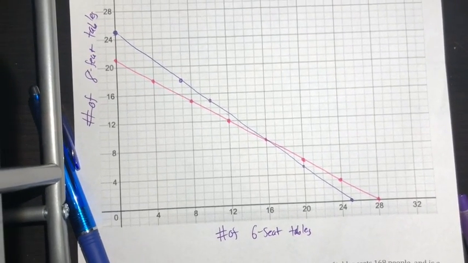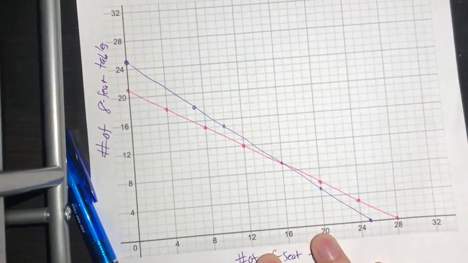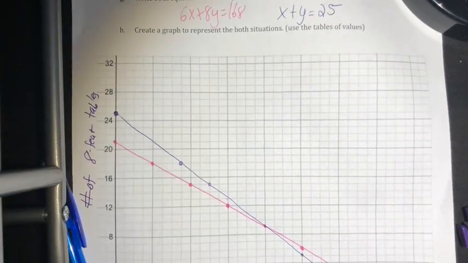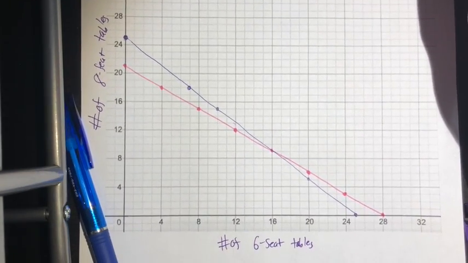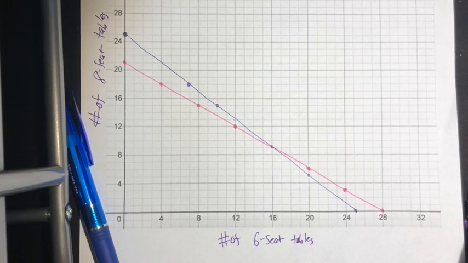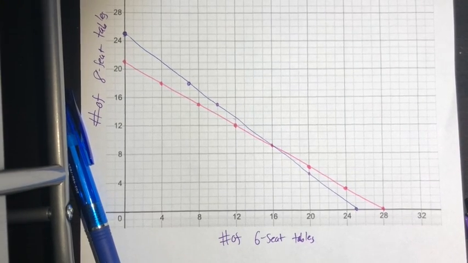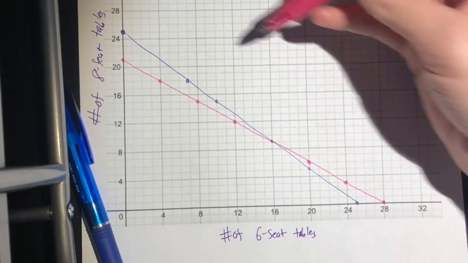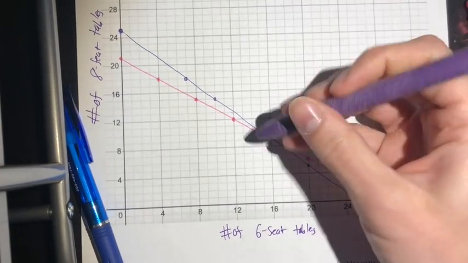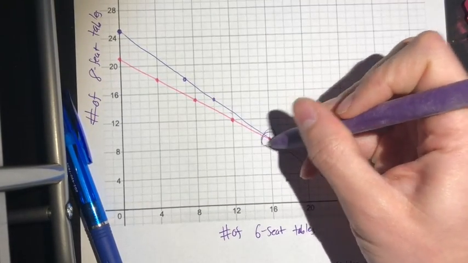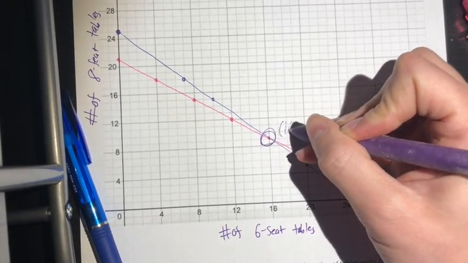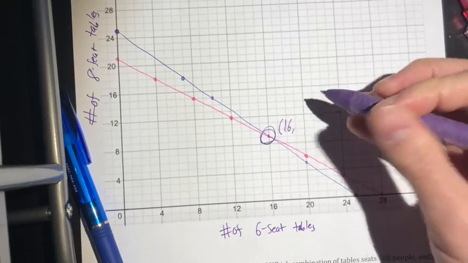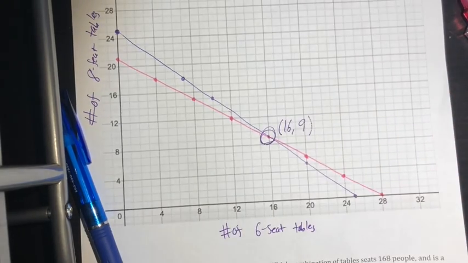I connected them both with straight lines, and pink is still the combinations that add up to 168, and the purple is tables that add up to 25. So, which combination meets both of those criteria? Well, it's the intersection point. That intersection point right there, 16 six-seat tables and 9 8-seat tables.